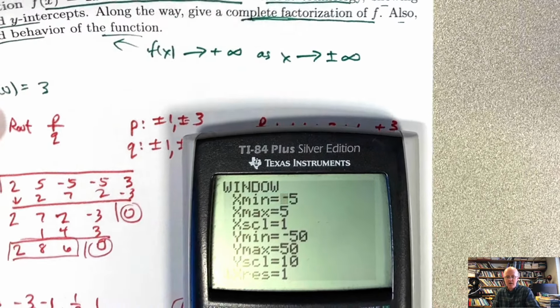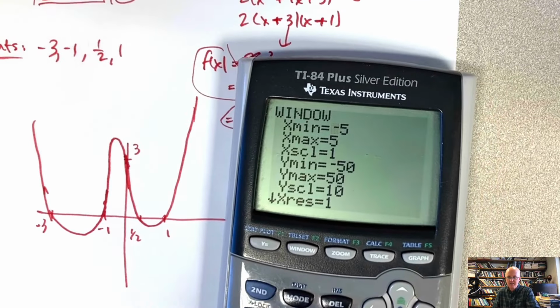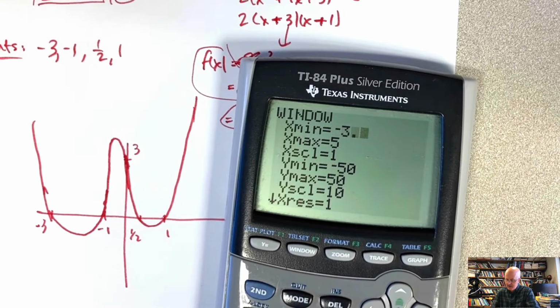For the window, I want it to look about like what we see here, maybe going from -3.5 to +1.5. In the y direction, let's just try -6 to 6.